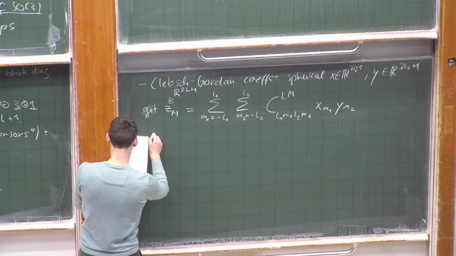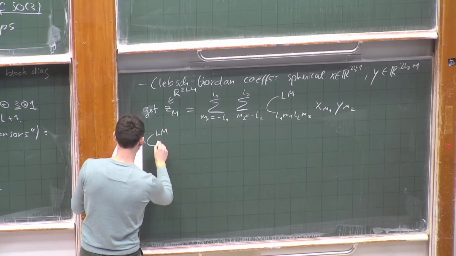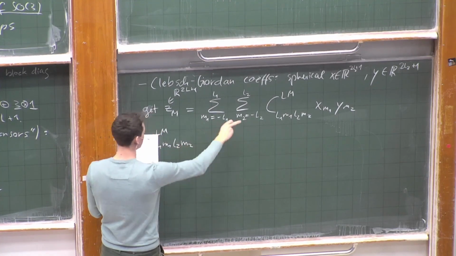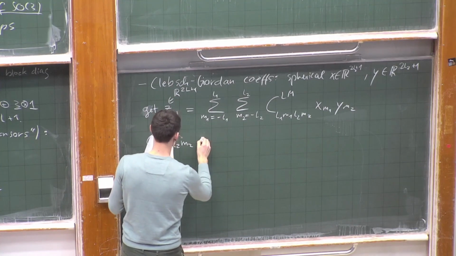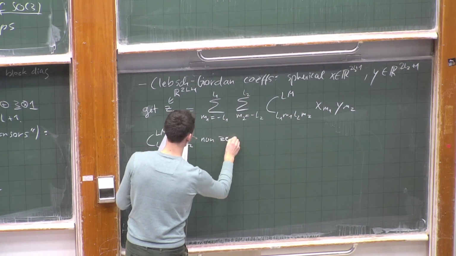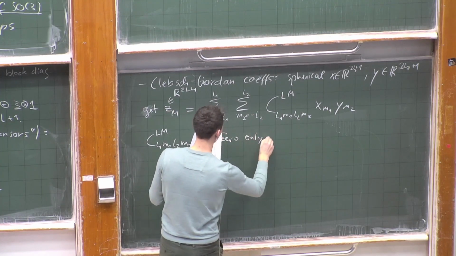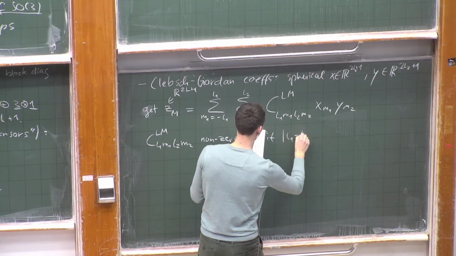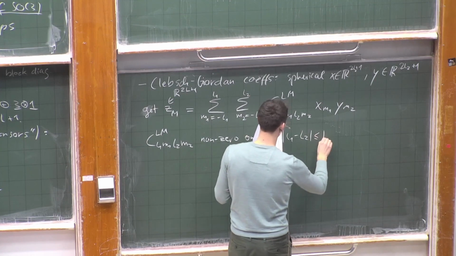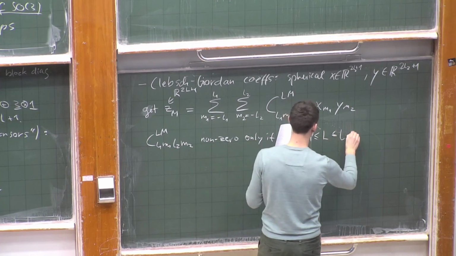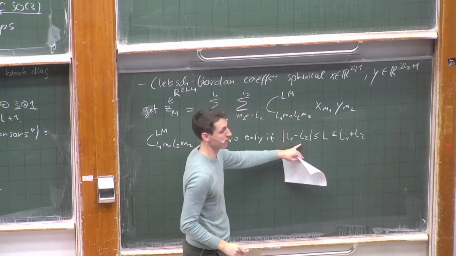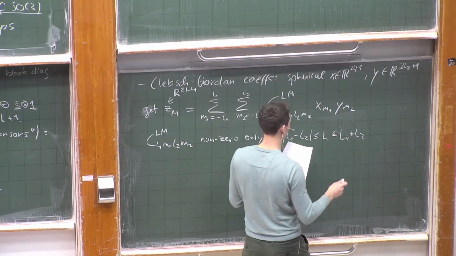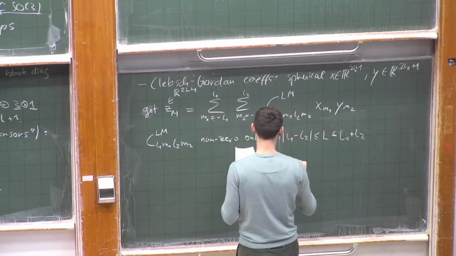So we only get a non-zero contribution here if two conditions are met, namely that the capital L lies between the sum and the absolute value of the difference of the L's of the input representations.